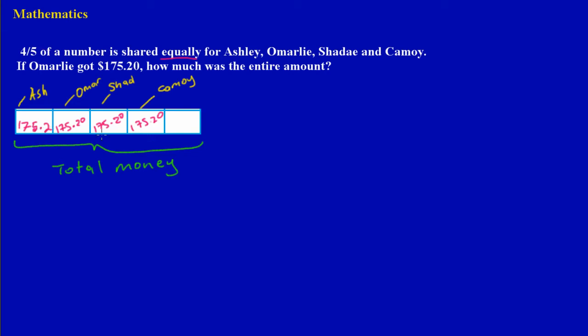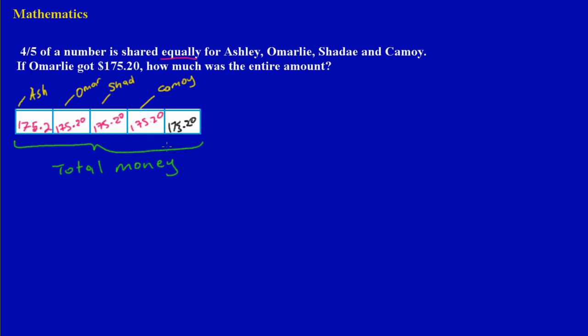So if this is the total money, and $175.20 holds in each part, then obviously in the last part that was left over, I would have $175.20 also. That should make sense, right?